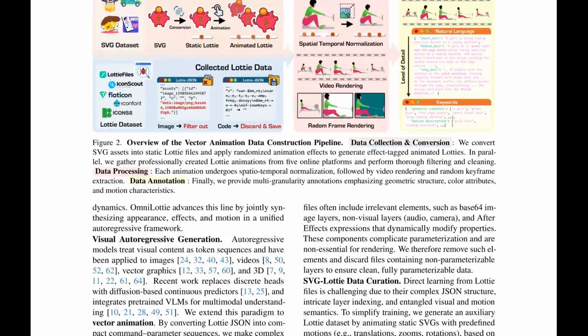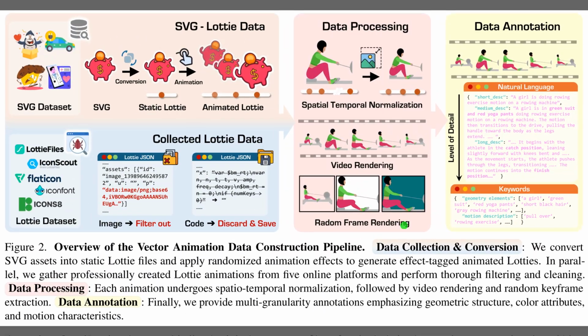Having seen the model's capabilities, Figure 2 details the pipeline used to construct the underlying dataset, OmniLottie2M. On the left, the process begins by collecting raw data from 2 sources, converting static SVG datasets into animated Lotties, and gathering professional files from online repositories while filtering out low-quality assets like embedded raster images.